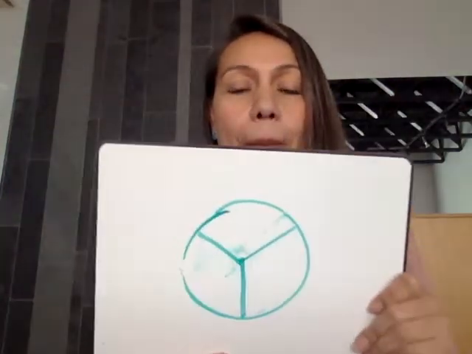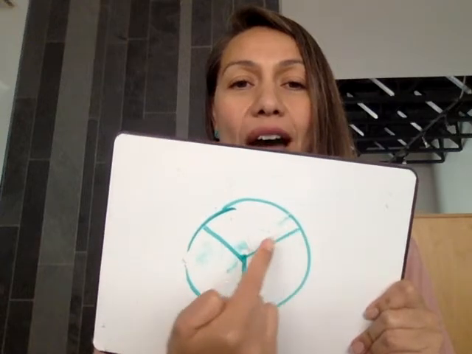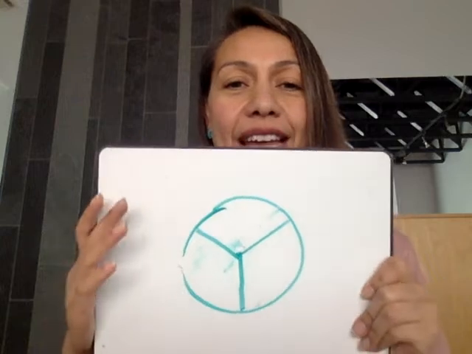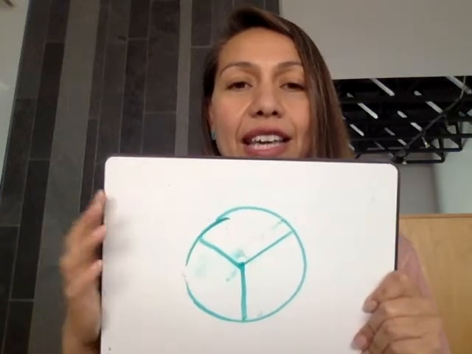Another way you could have divided it is this way. You had your circle, and then you could draw or write a Y, and that also divides the circle into 3 equal parts. Okay.